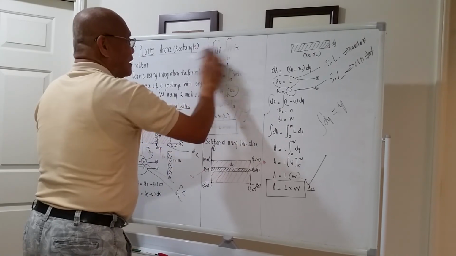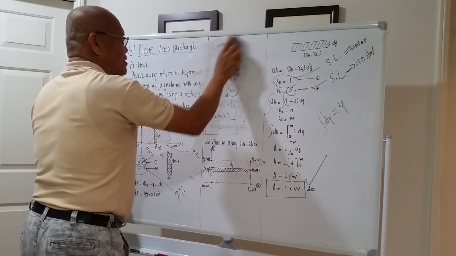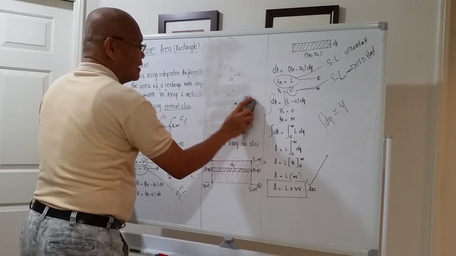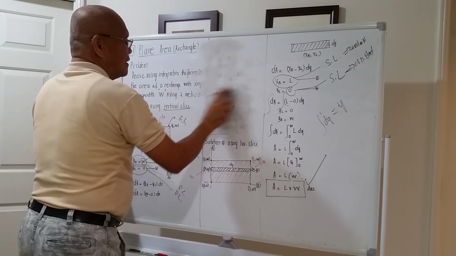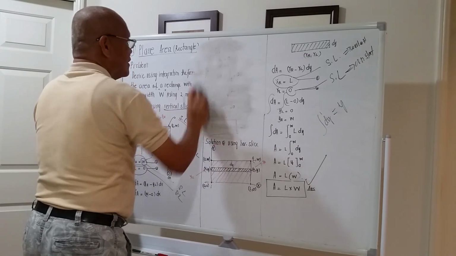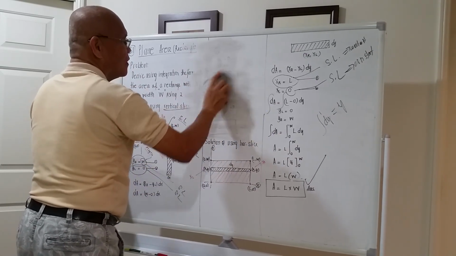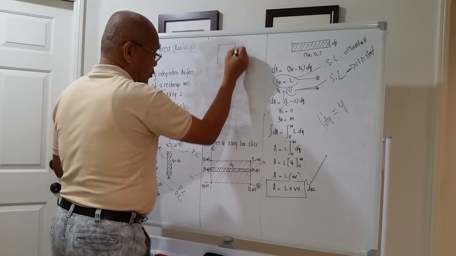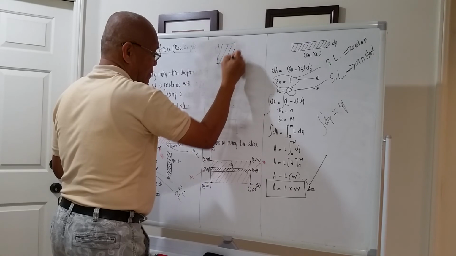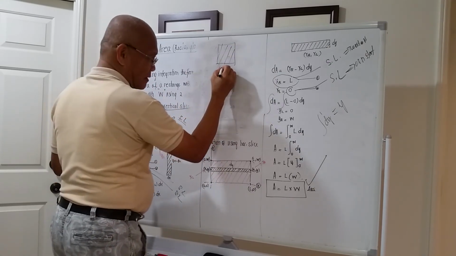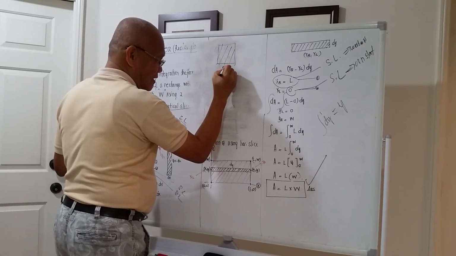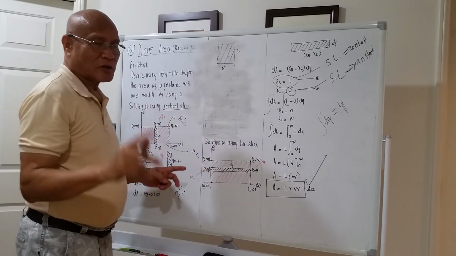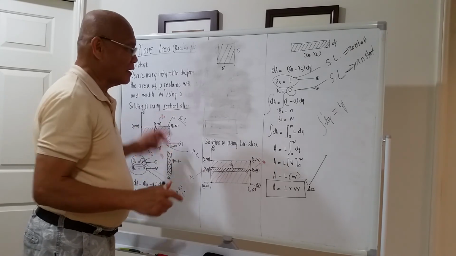Actually, I will discuss a square over here because we are through with the equation for taking the area of a square. For a square, this is the side and this is the side. Actually, a square is a special case of a rectangle.